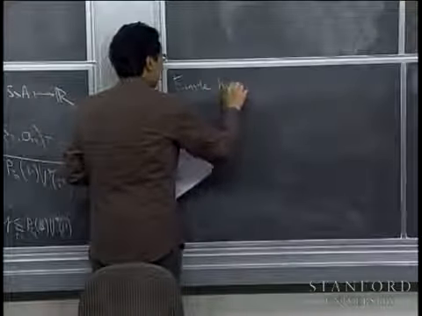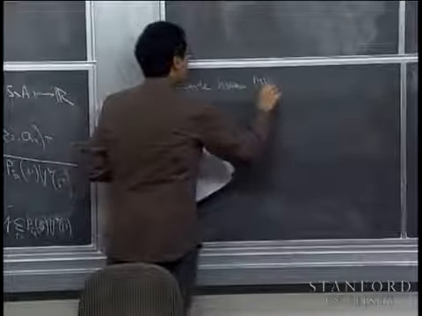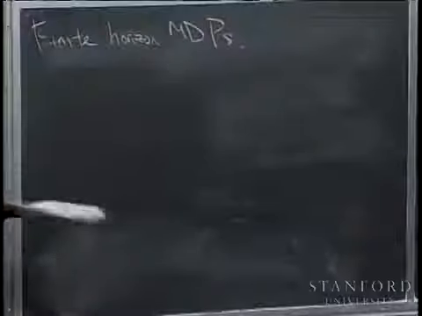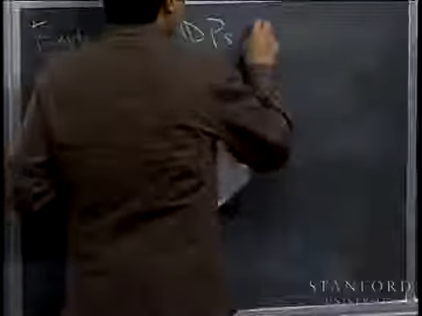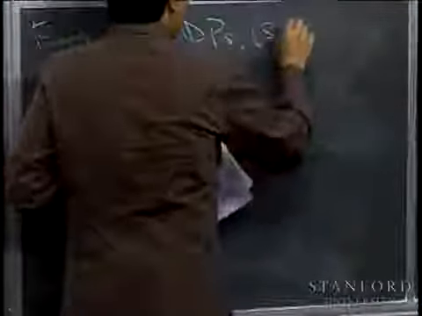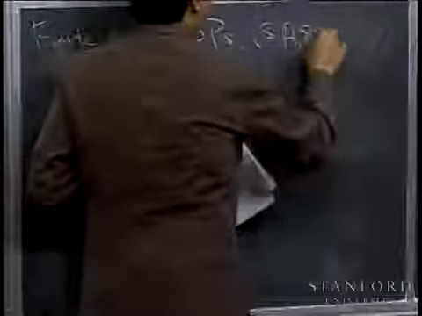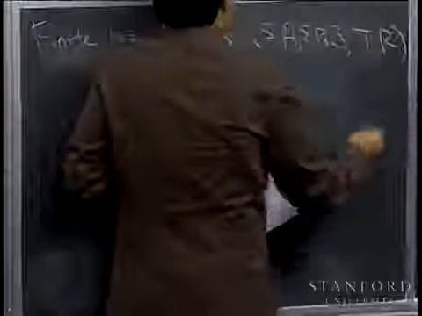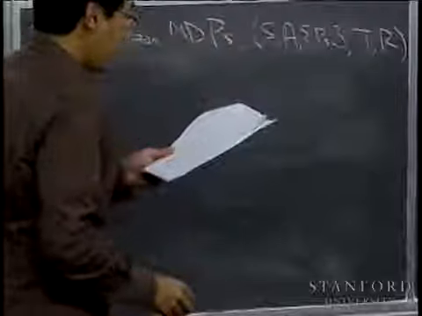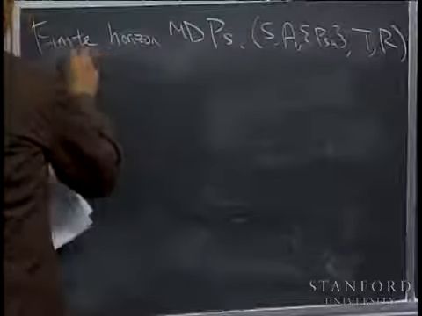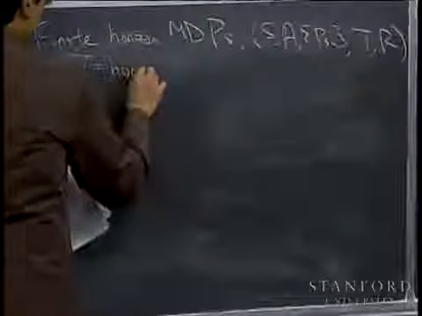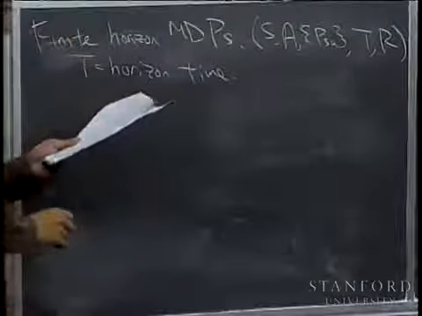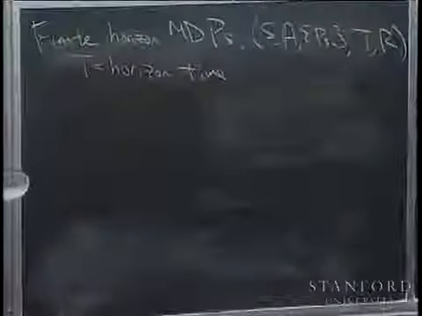finite horizon MDPs. A finite horizon MDP comprises a 5-tuple: S, A, state transition probabilities, the parameter T, and the reward function, where T is a parameter called the horizon time.